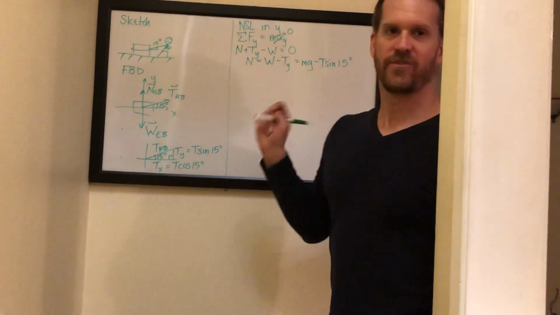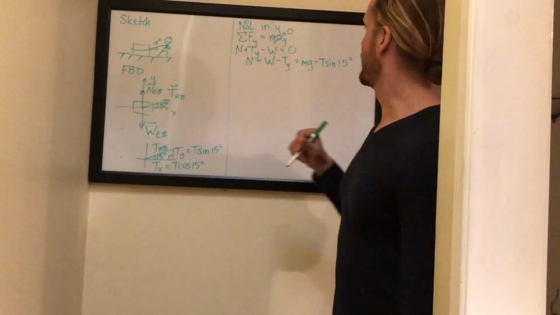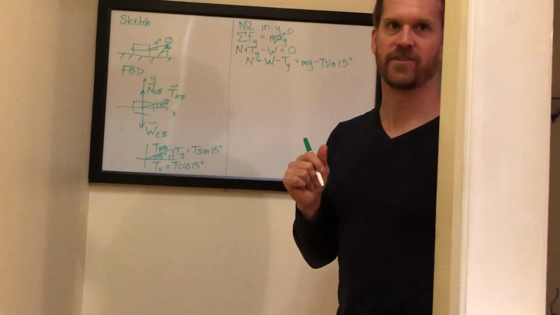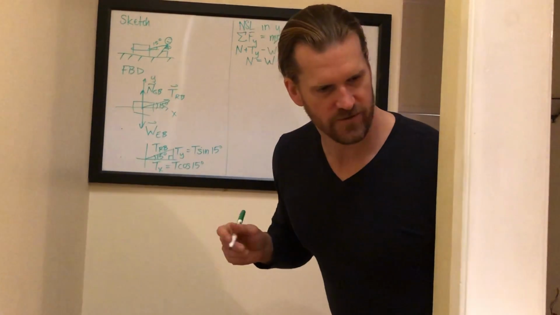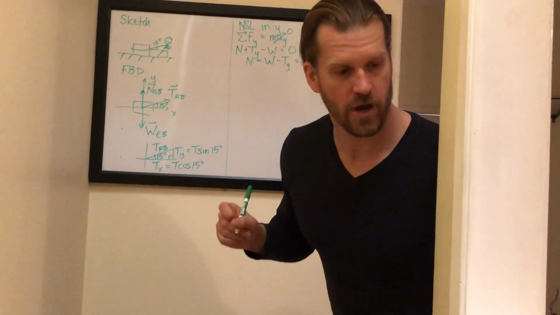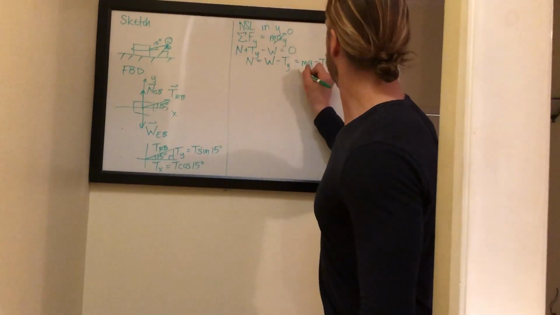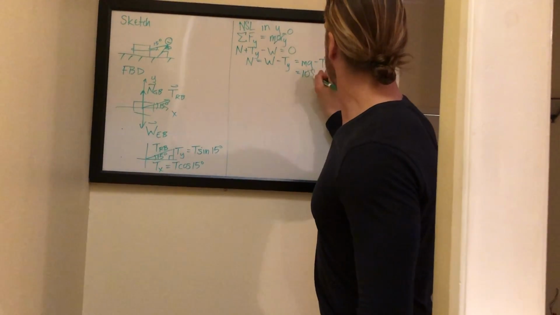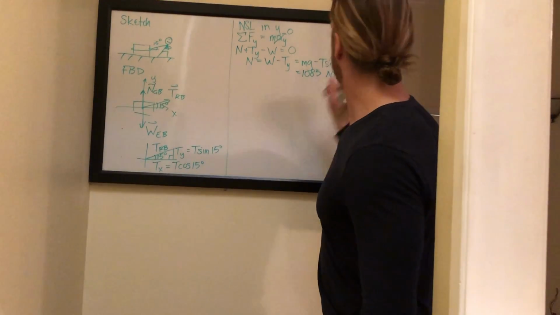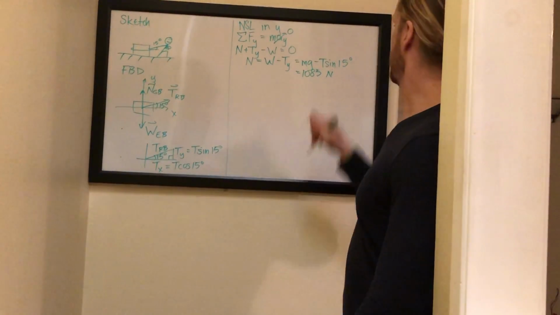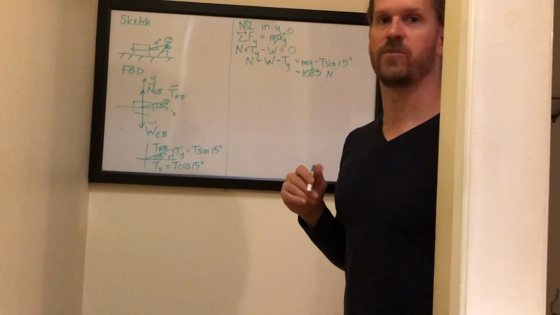If you plug in these numbers, that mass was 120 kilograms, tension force was 350 newtons. That would give you a normal force equal to 1,085 newtons. Remember, m was 120, T was 350.